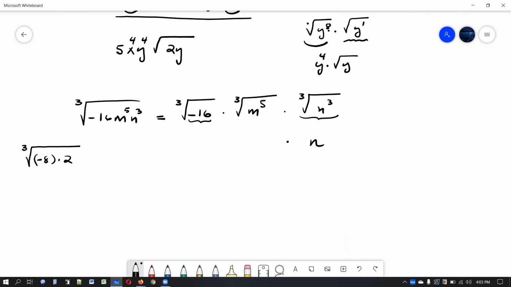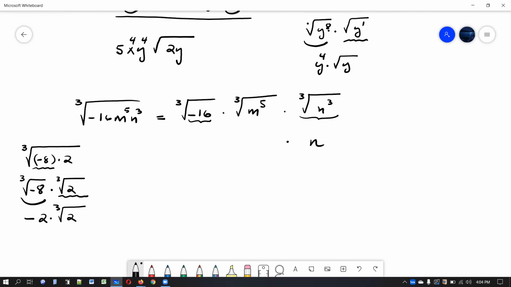And the reason I need a minus 8 is because I cannot have the minus left over in here, since I can remove it. The cubic root of minus 8 I know, and the cubic root of 2 I cannot simplify. So this is minus 2, and this stays the same.